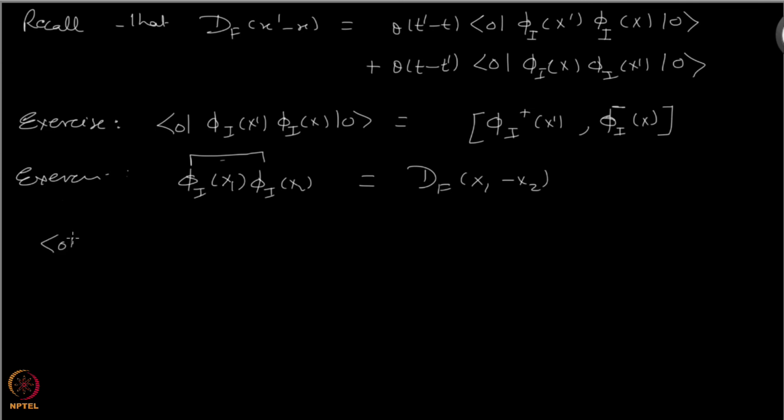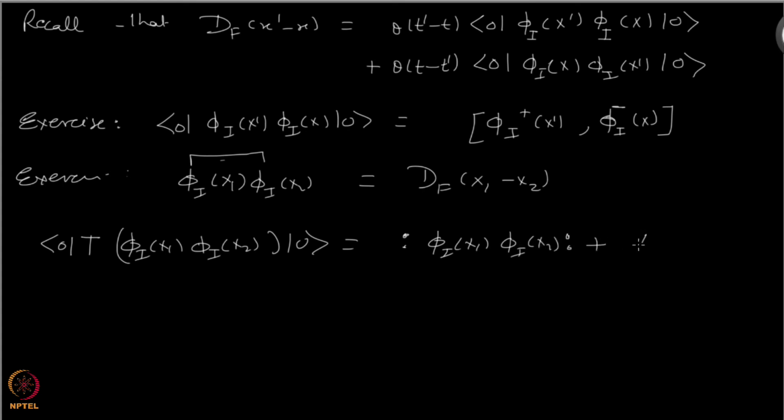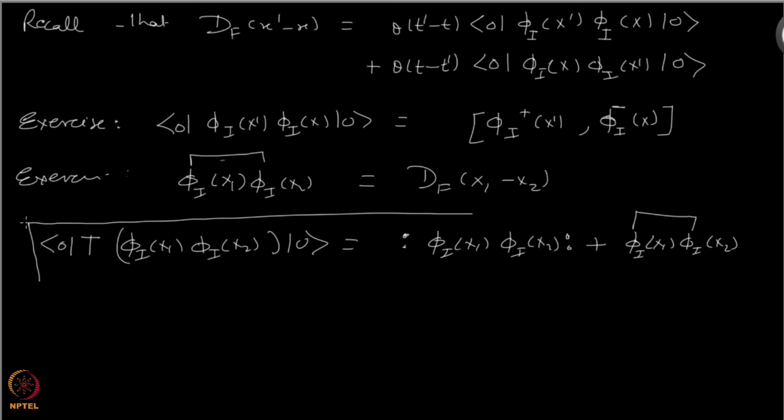We have proved that this is just normal ordered phi x1 phi x2 plus the Feynman propagator D_F of x1 minus x2. We know that this contraction is a propagator. That's going to be very useful for us, so let's put a box around it.